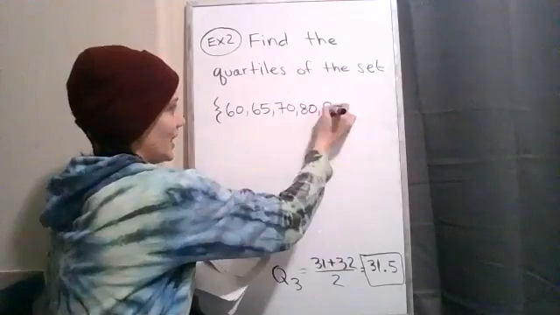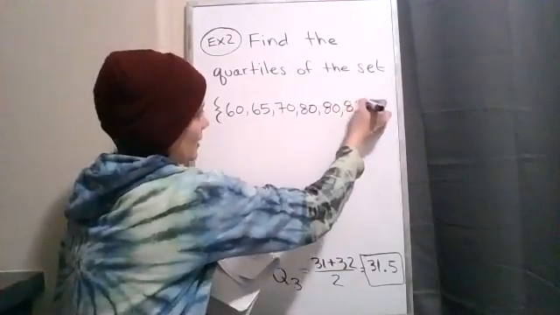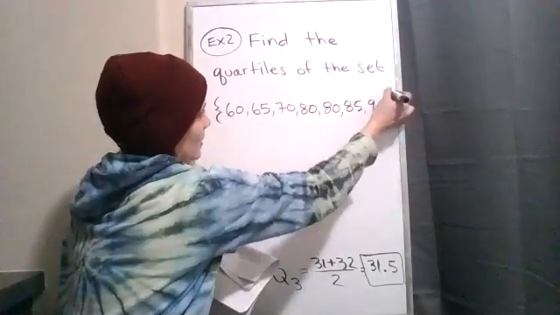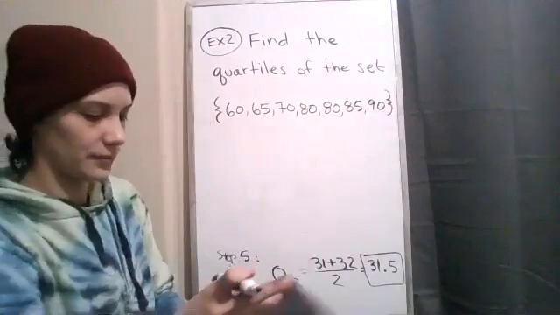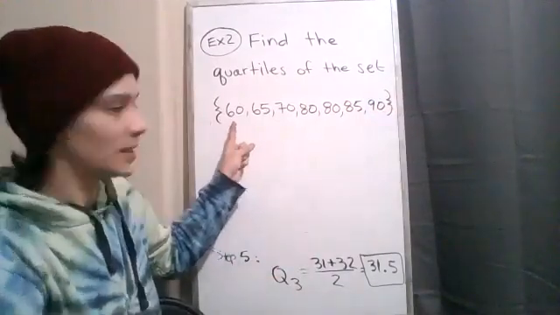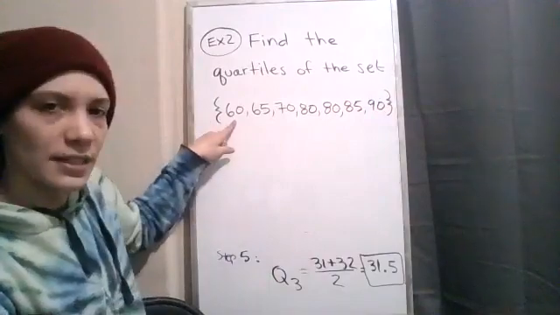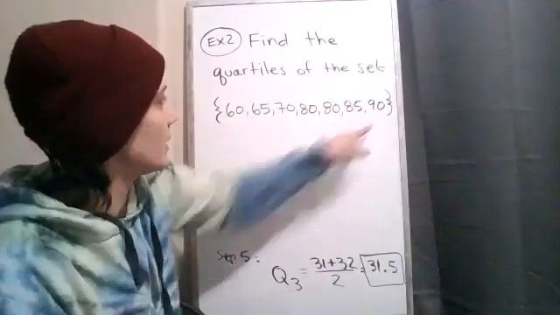Cool. 80 again. 85, 90. I think we'll just want to count how many elements we have to even start. Just put it on the side. 1, 2, 3, 4, 5, 6, 7.